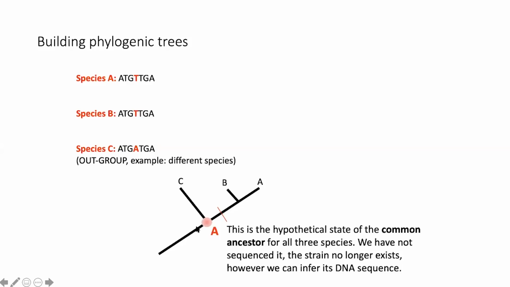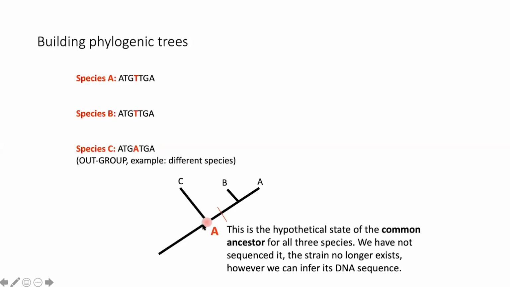What is important to note is that we haven't sequenced the common ancestor. The common ancestor existed in the past, and so we don't have the DNA or the RNA from that common ancestor. This is just a hypothesis that the ancestor to all of these species had an A at this position in this gene, and that creates this node.